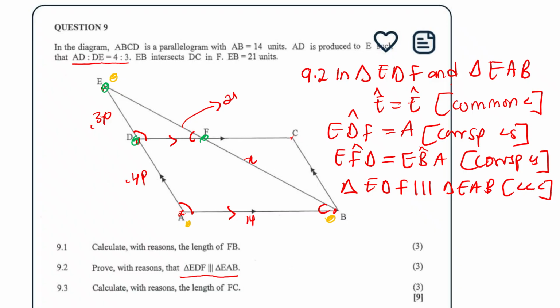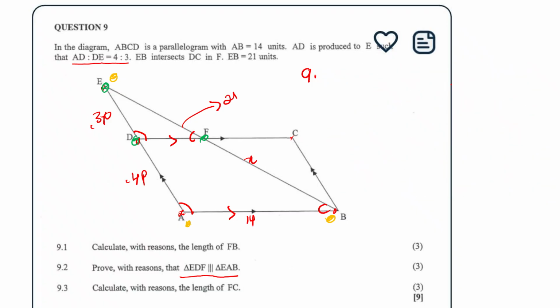Now 9.3: calculate with reasons the length of FC. Where is FC? This is our FC, so we want this length.